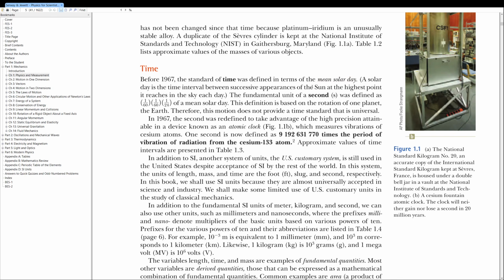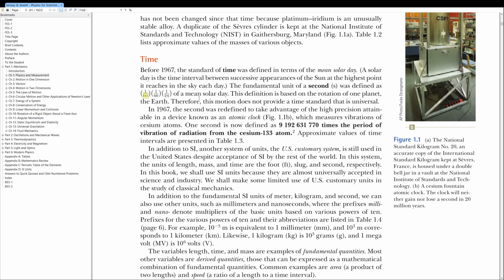So they said the average solar day, because some days are a little bit longer than other days. And the second was 24 hours in a day, 60 minutes in an hour, and 60 seconds in a minute. That was not a very good way to measure time, because we found out later that the Earth wasn't consistent, and 1 year or the next year could be a little bit longer, a little bit shorter, right?